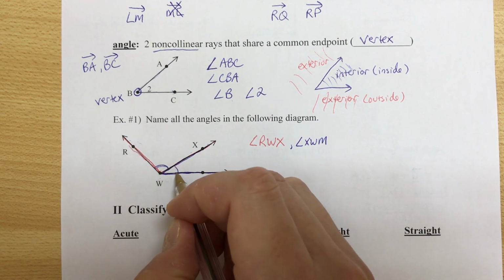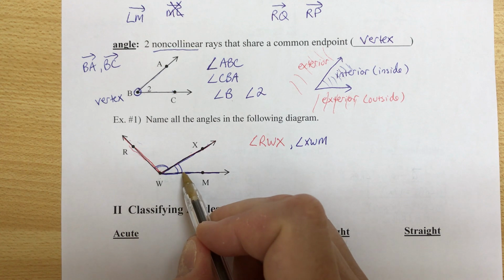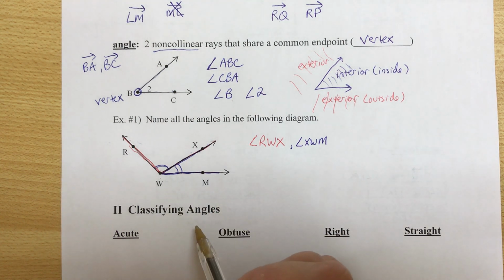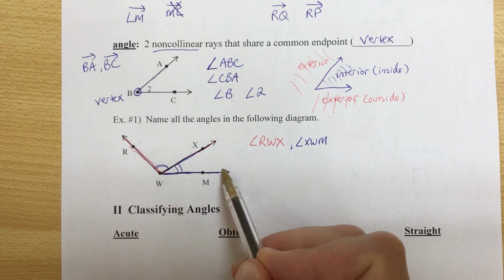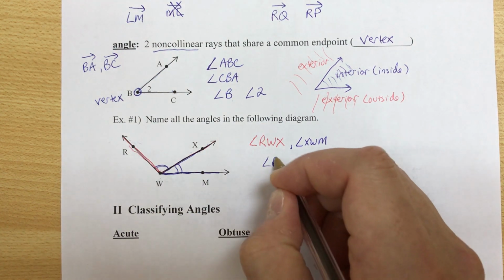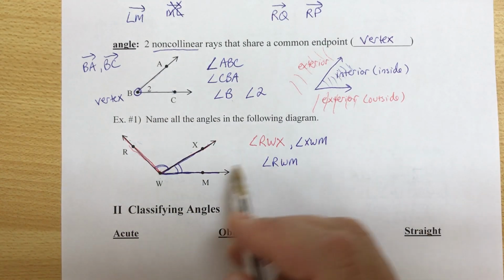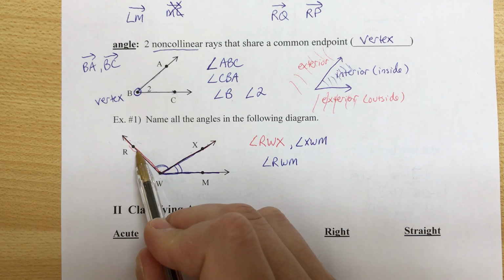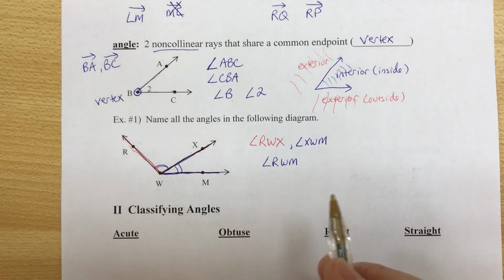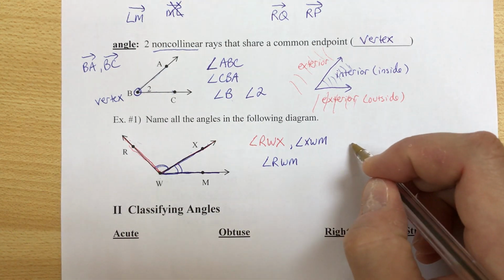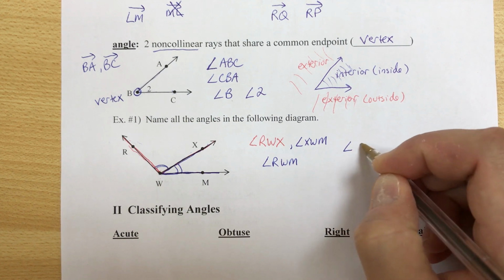Angle XWM, I'll draw two arcs. There's actually a third angle in this picture. There's the big one, angle RWM, or angle MWR. It would be a mistake if I said angle RXW.